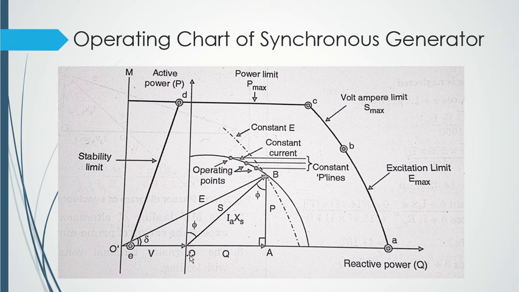This will be my loop. And this curve is called the operating chart, or you can also call it the capability curve. Your operating point, the point at which you are operating your synchronous generator, must lie within this operating chart.